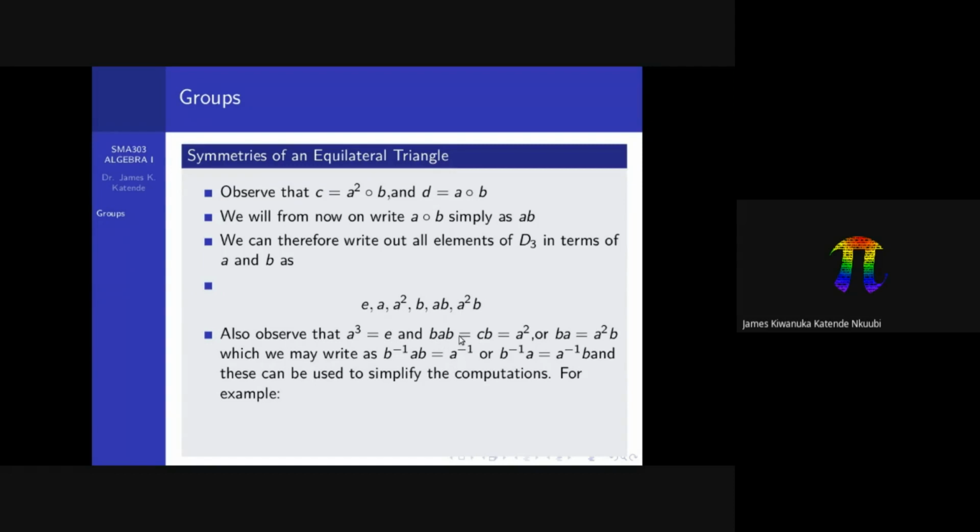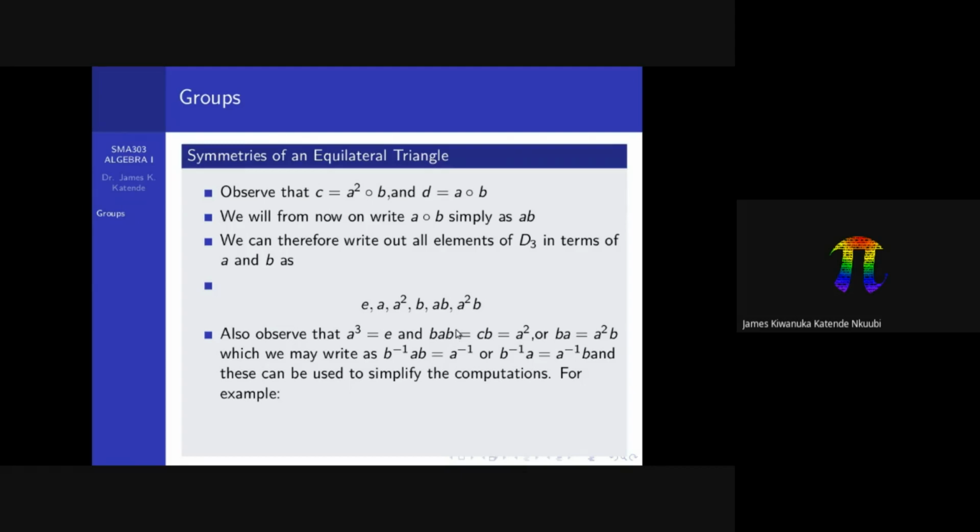Now BAB is the same as CB. That is, BA is actually equal to C. You can check this from the table. And CB is the same as A squared. So we can choose to write this as follows.